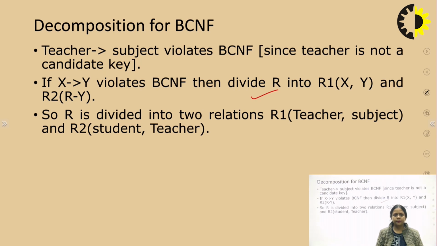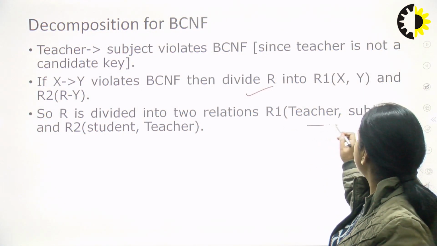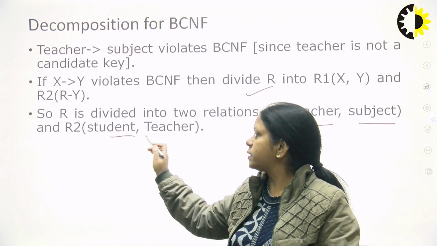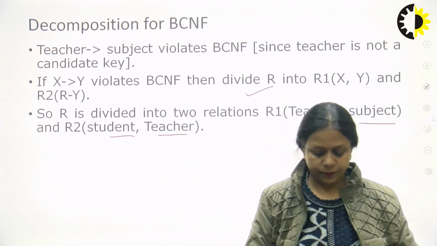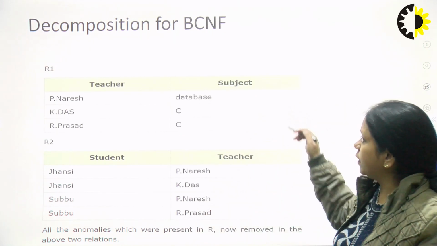Fine. So R is divided into two relations R1 and R2, where R1 has teacher and subject attributes and R2 will have student and teacher. Okay. So you can see here these are the two decompositions of the table.